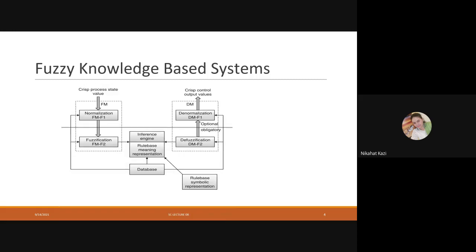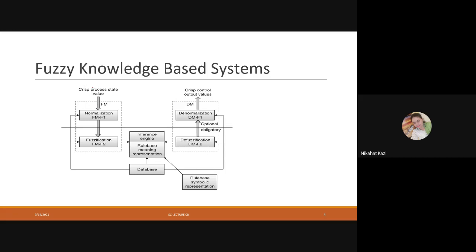So this is the block diagram of a fuzzy knowledge based system. You'll see a series of blocks and a flow from left to right. The left hand side is the input part, where you take the input.